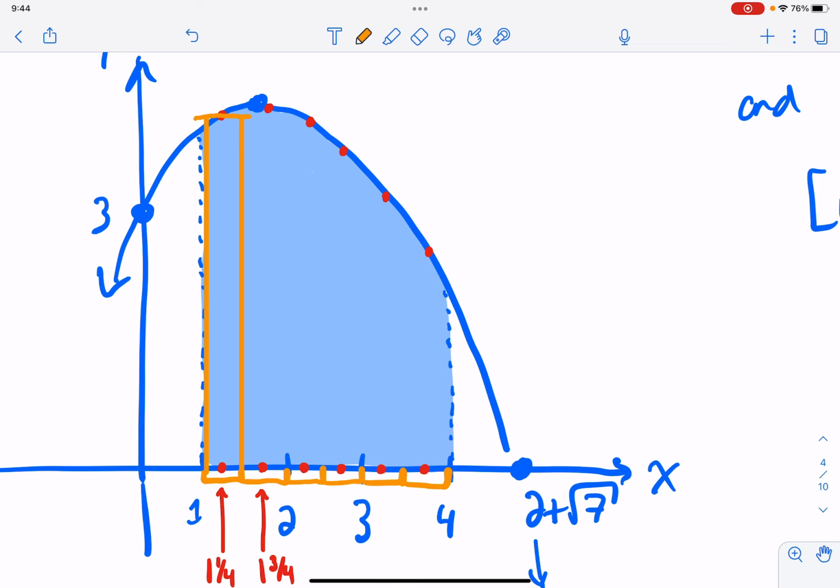So that's my first rectangle that I'm working with. Maybe I'll clean that up a little bit. And then we can continue in this fashion. So we can have this one come up and match the red dot there. We can have this one come up, match that red dot.